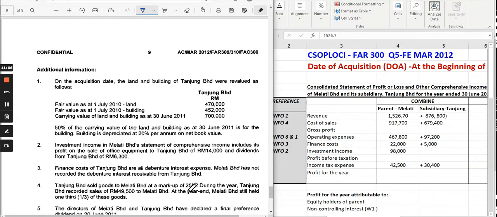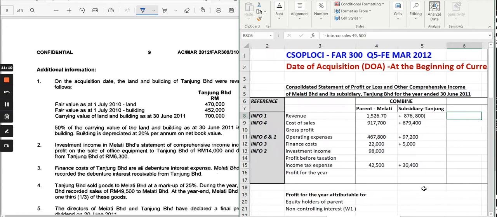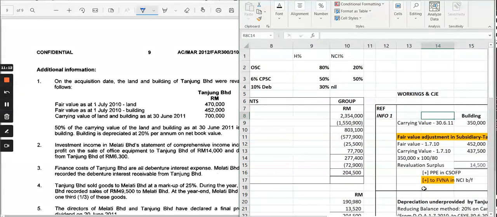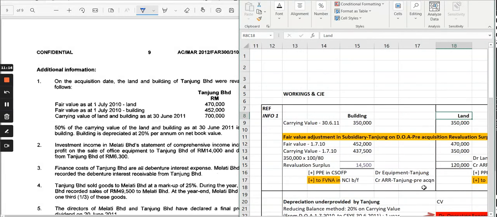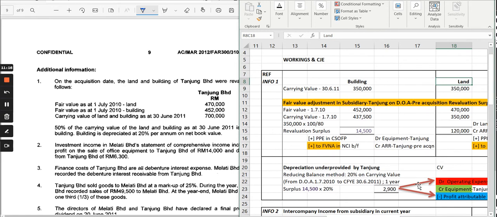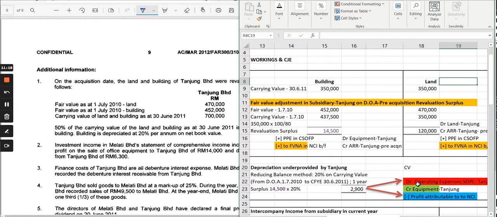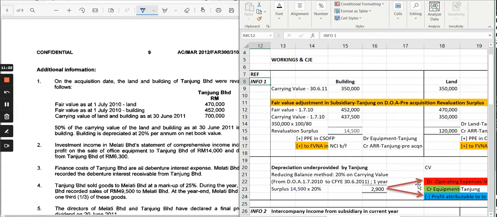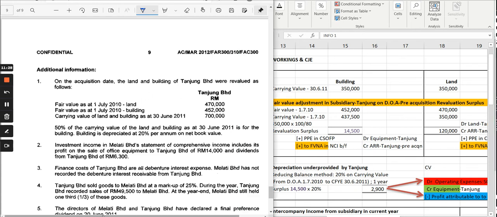So information number 1 is on fair value adjustment, the fair value adjustment of the asset in the subsidiary. You can see that I've already prepared the workings for the adjustment here. Right, information number 1, fair value adjustment, where the assets were revalued as follows.